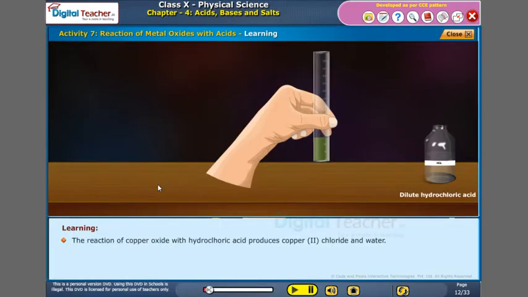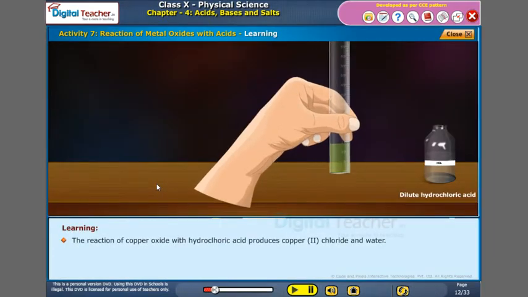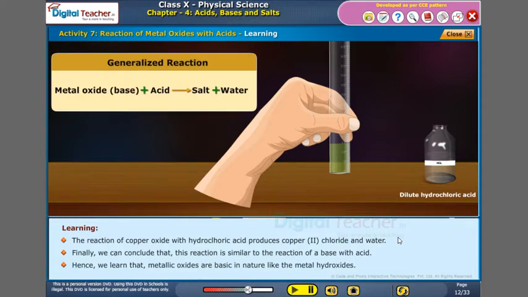The reaction of copper oxide with hydrochloric acid produces copper chloride and water. Finally, we can conclude that this reaction is similar to the reaction of a base with an acid. Hence, we learn that metallic oxides are basic in nature, like the metal hydroxides. Now, let us learn the reaction of a non-metal oxide with a base.